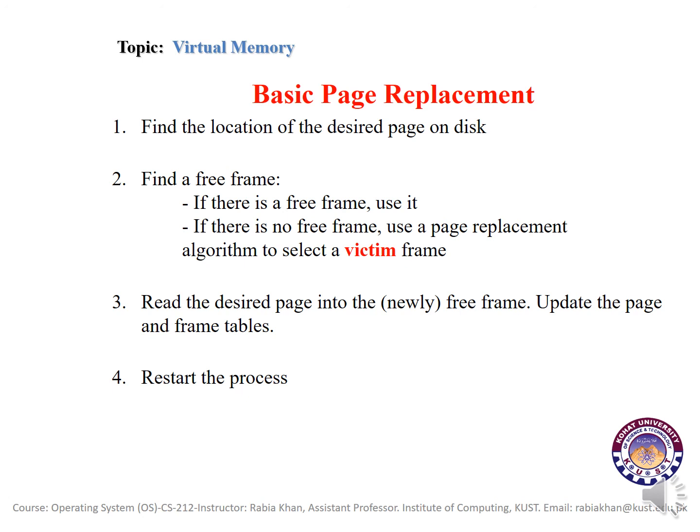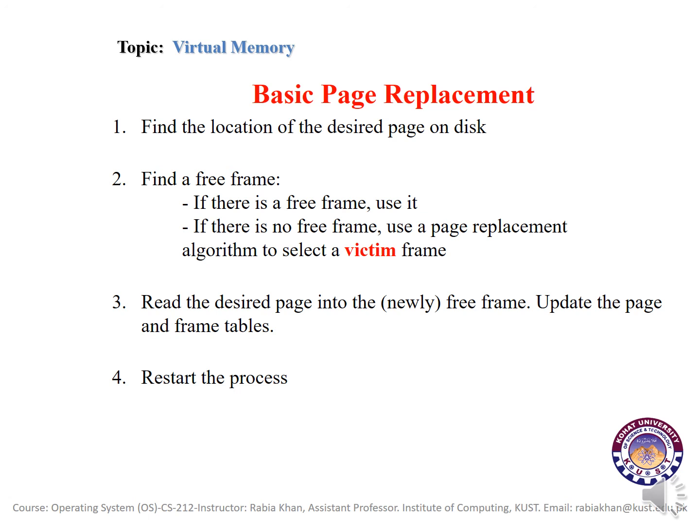If it finds a free frame, the page gets loaded there. But if all the frames are occupied, then the operating system activates the suitable page replacement algorithm to swap out a blocked page from RAM to disk, and the required page from disk is swapped into that frame.